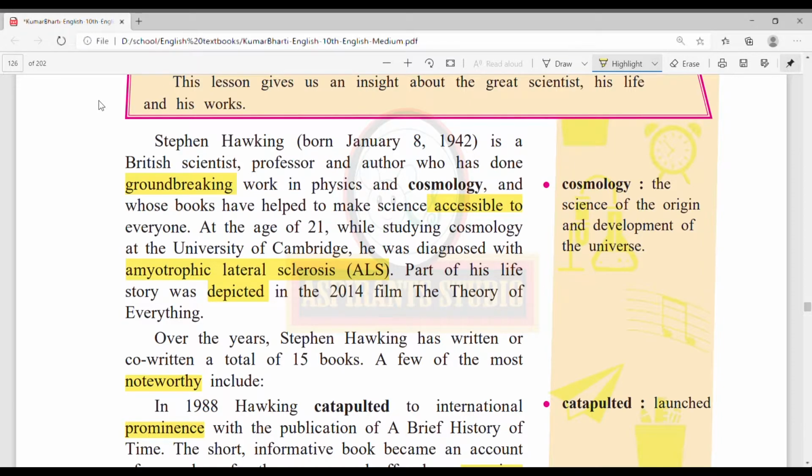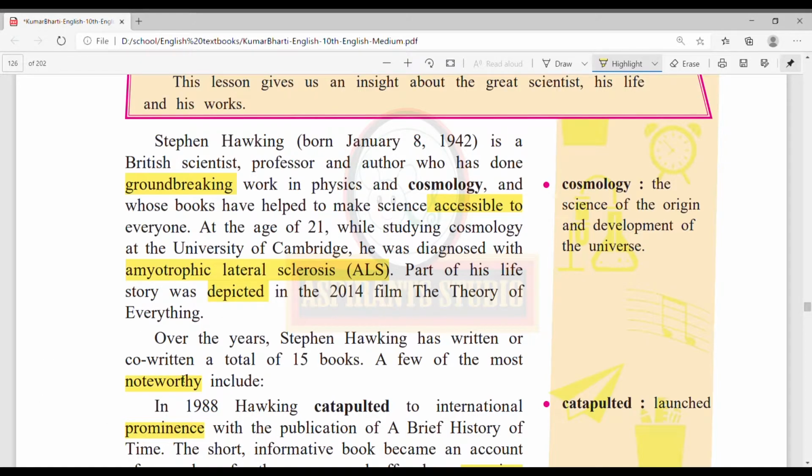New words in these passages. Groundbreaking means new, original and advanced. Cosmology means the science of the origin and development of the universe. Accessible to means available to. Amyotrophic lateral sclerosis, ALS, means a disease that causes the death of neurons which control voluntary muscles. Depicted means described.